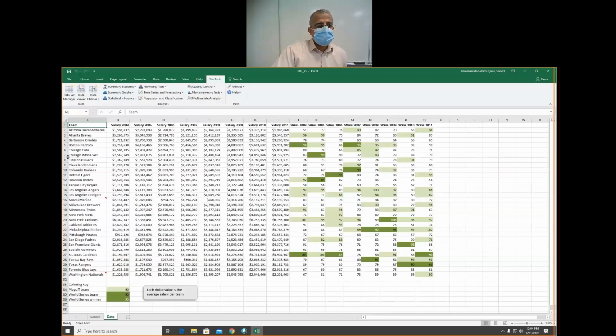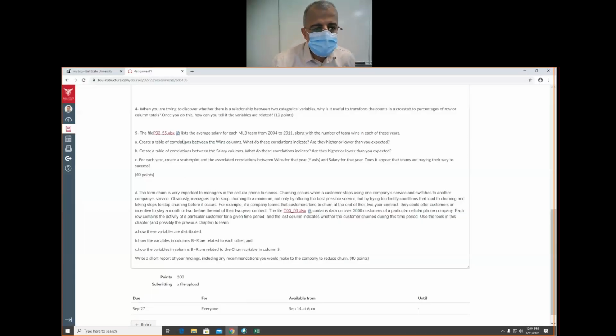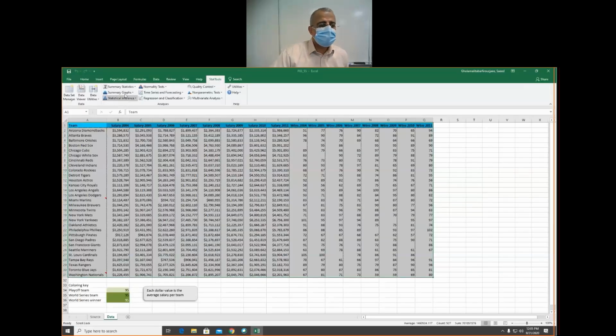So, create a table of correlation between wins columns. Okay. Again, in StatTools, we need to define our data range, dataset manager. This is going to be our dataset. So then let's see what it asks for. Create a table of correlation between the wins columns. Now we can go to summary statistics, correlation and covariance.